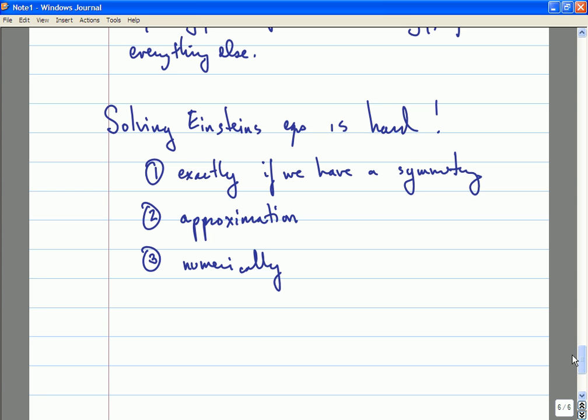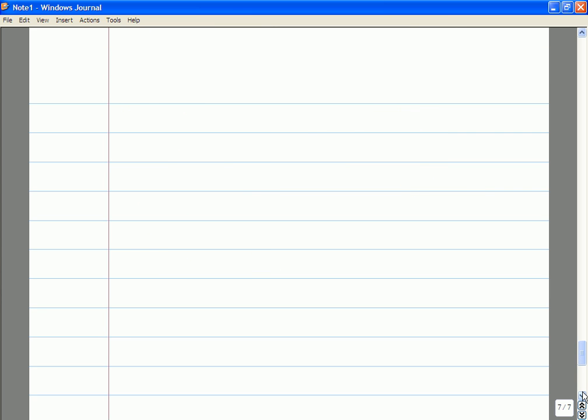So, the next topic that I wanted to discuss was the Lagrangian formulation of general relativity. Our strategy so far in our discussion of Einstein's equations was basically to guess the equations of motion based on some general principles.